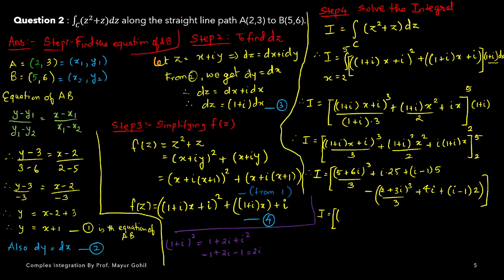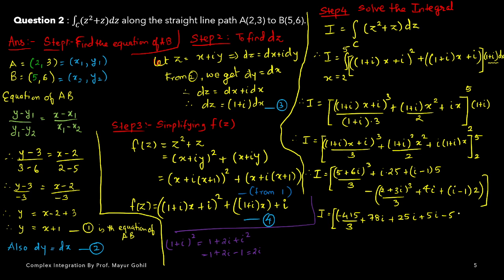So that you will get there divided by 3. You will get here minus of 415 divided by 3 plus 78I. That is what you will get, plus 25I plus 5I minus 5.